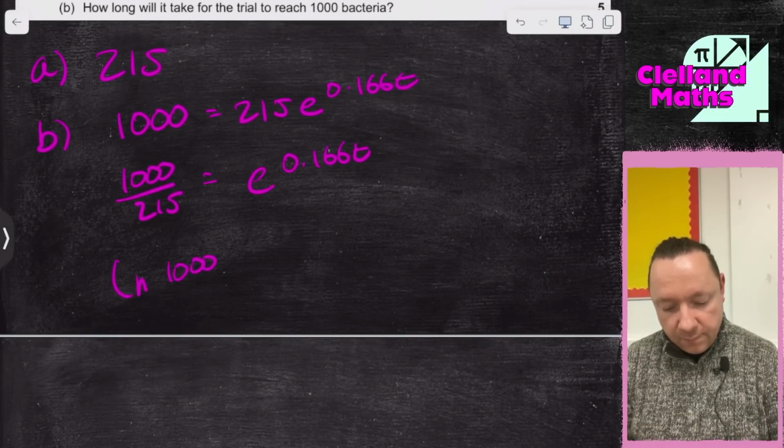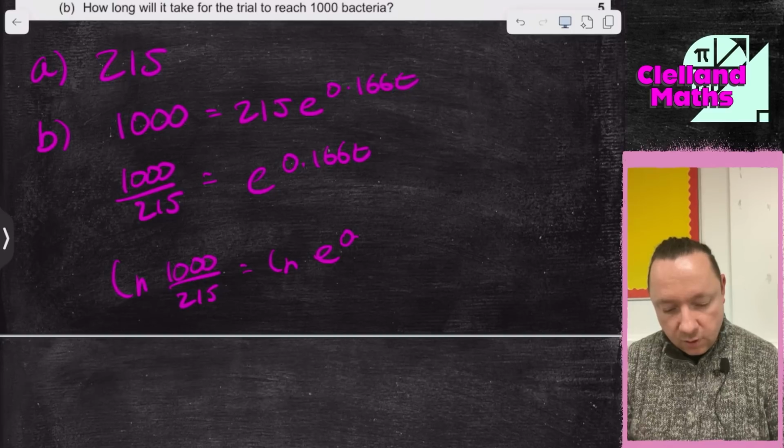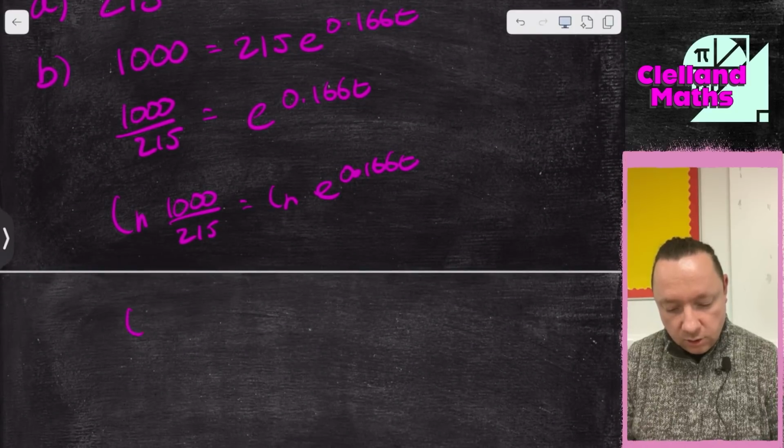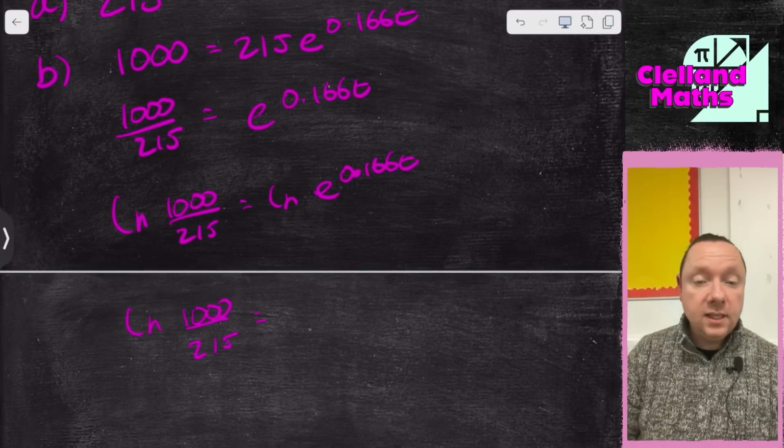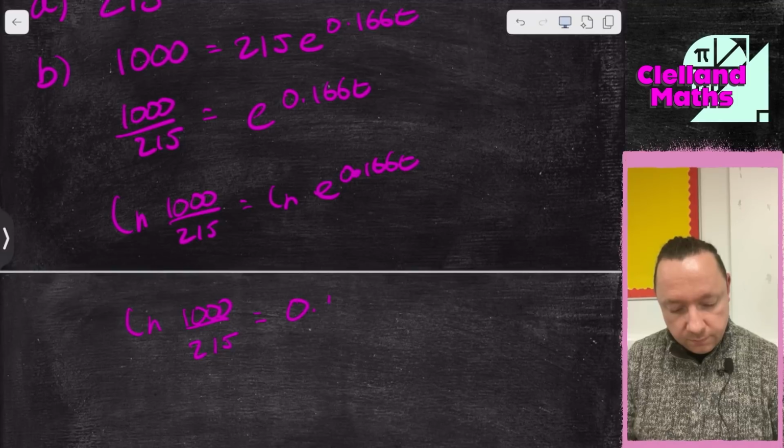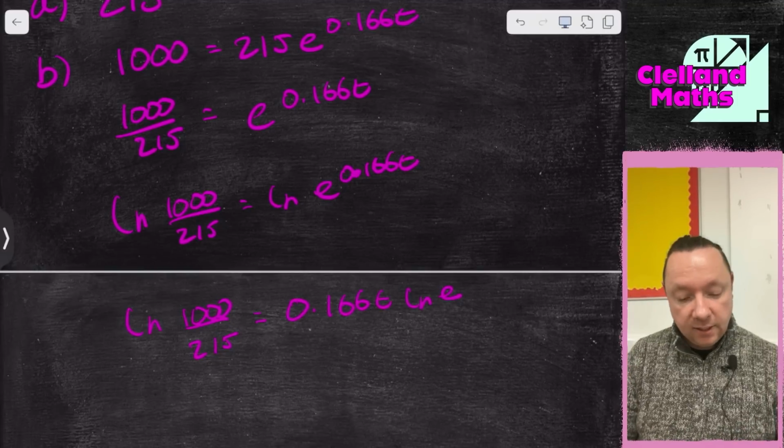To get rid of a power, you log. Because the reason you do that is you can then use the rules of logs and take the 0.166t in front of log, and the log of e, same base, is 1.